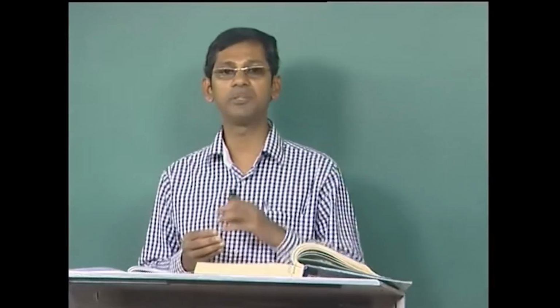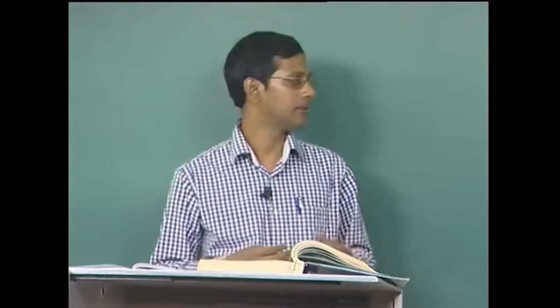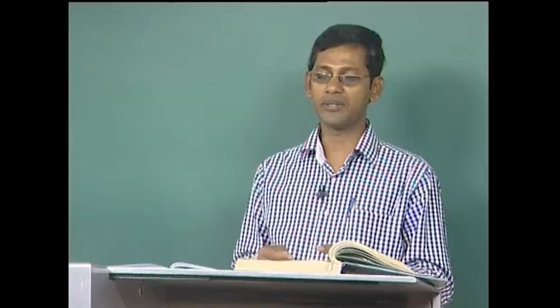So, how much of the magnitudes or values of the spectral frequencies present in the object is getting transferred to the image plane via this device is what the transfer function tells you. So, we will discuss more about the transfer function in the subsequent slides.